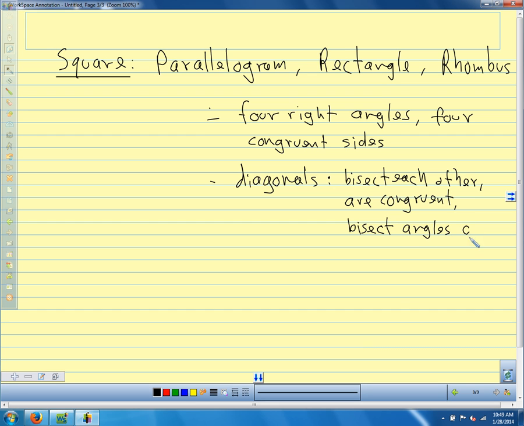And are perpendicular. So all of these things are true about the diagonals of a square. They bisect each other, they're congruent, they bisect the angles, and they're perpendicular. So if we have a square, we have all kinds of things going on with the diagonals. And we also know that we have 4 right angles, 4 congruent sides.